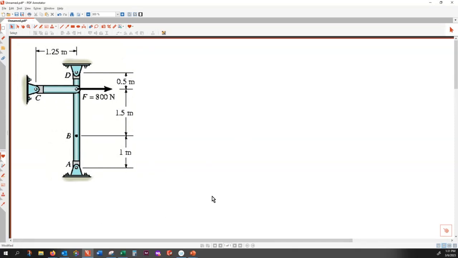Rotational effect, first with respect to A, MA.